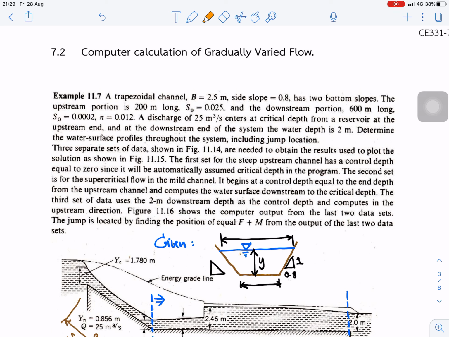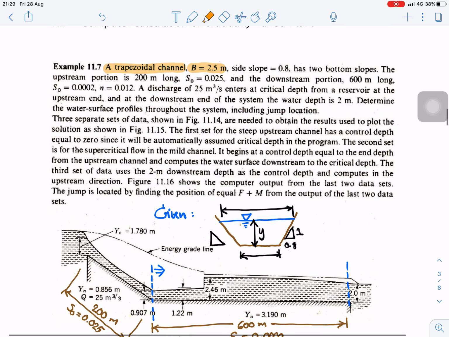Example 11.7, trapezoidal channel. B is equal to 2.5 meters, and the side slope is 0.8.